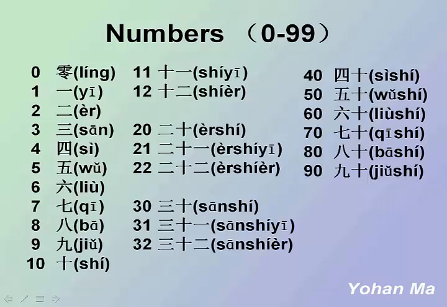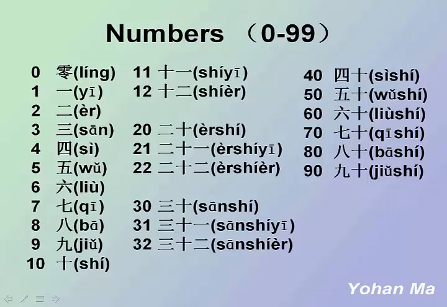And then let's come to 60. 6 tens. 60, 61, 62. And then 70. 7 tens. 70, 71, 72.